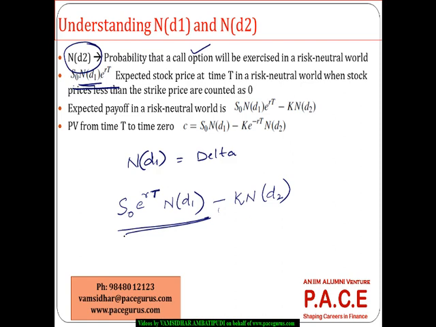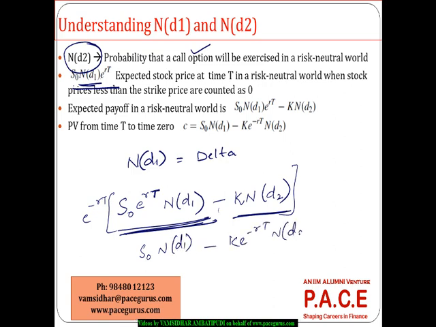So this is the expected stock price, and this is the strike price. This is what will be the payoff. And because this would be the payoff at time T, I want to find the present value, so I multiply with e to the power of minus rT, which makes it S0 N(d1) minus Ke^(-rT) N(d2). That's how the formula came up.